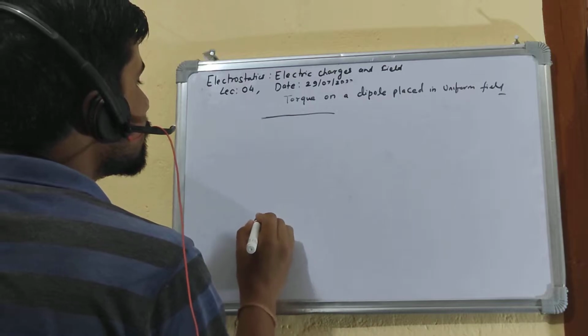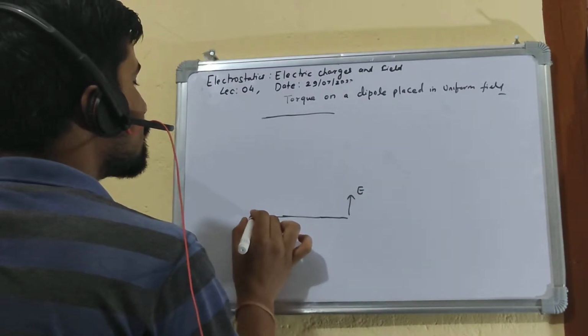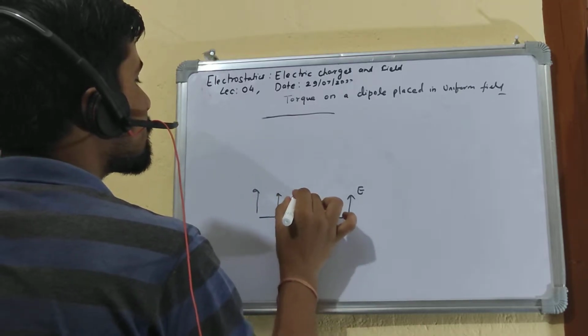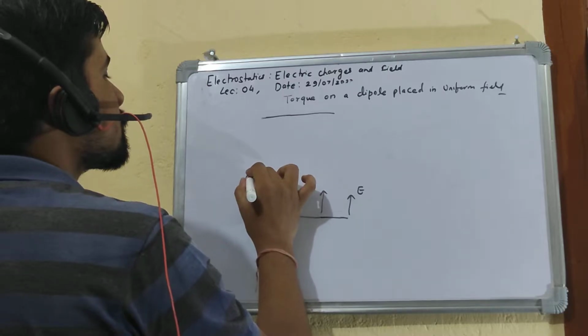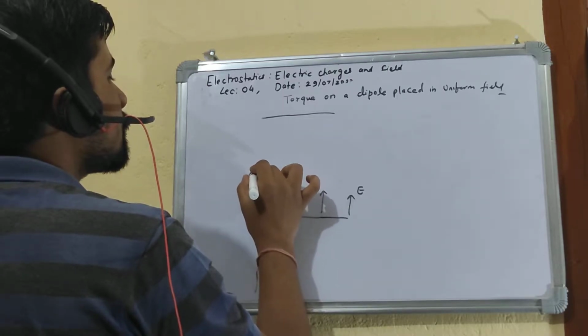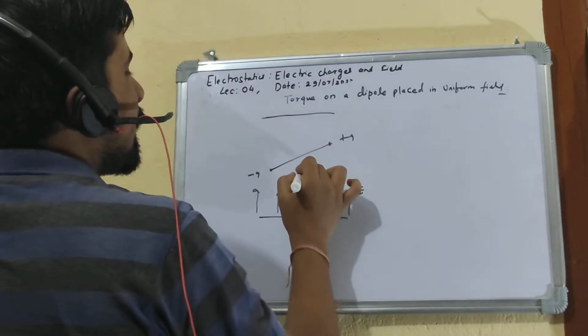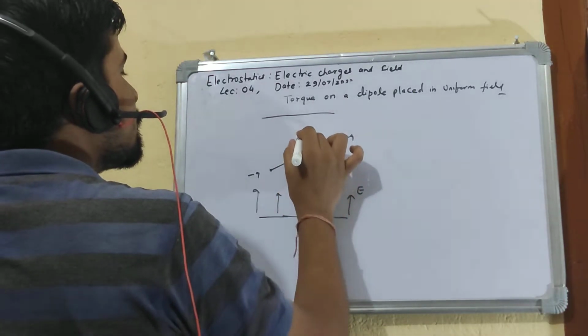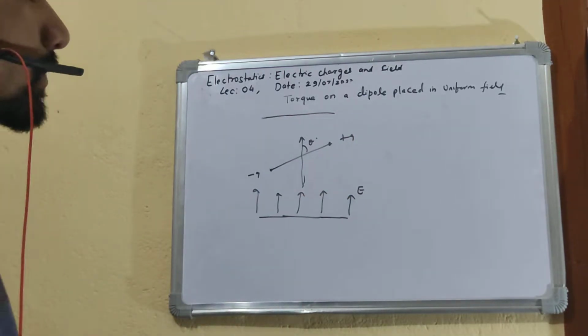Let's say this is a region which has a field E, right? This is emitting electric field E in all directions. Okay, this is the region. And I have placed a dipole here. So the dipole will look like this: minus q, plus q, right? And let's say this field is making some angle theta with the dipole, right? Okay.